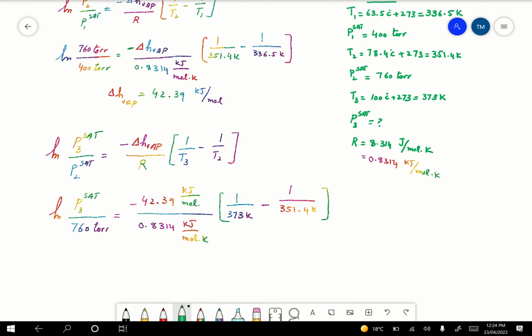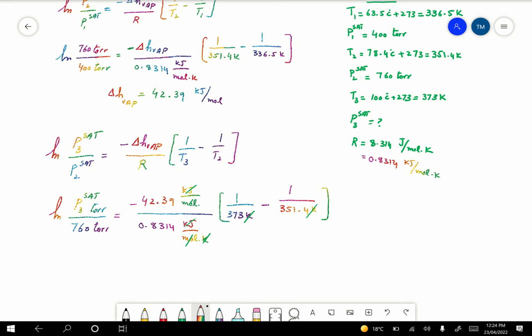Now we can cancel a few things. Kelvin cancels, mole and mole cancel, kilojoule cancels. So, if you see, we have only one unknown, which is P3 sat, and we will use the anti-log, meaning the exponent, and solve this equation using your calculator.